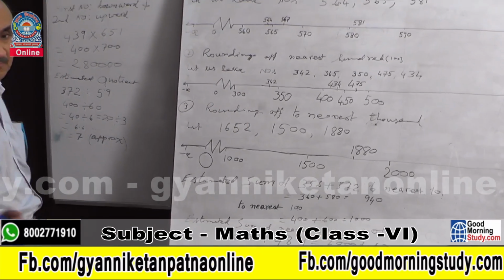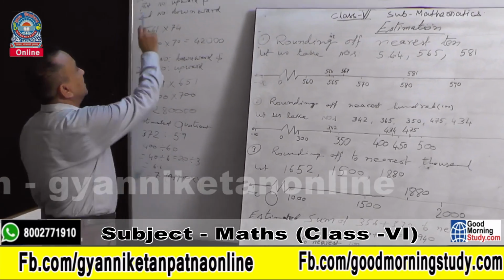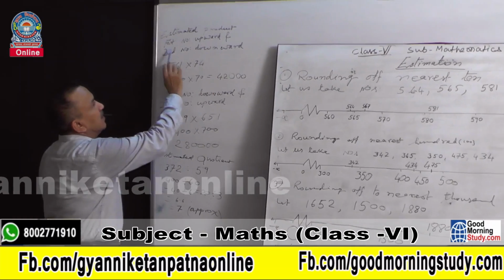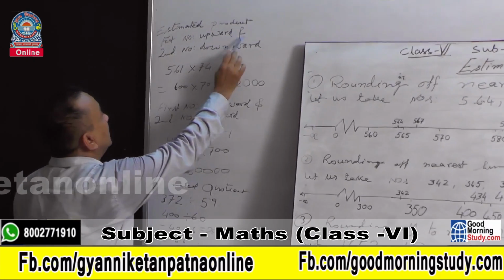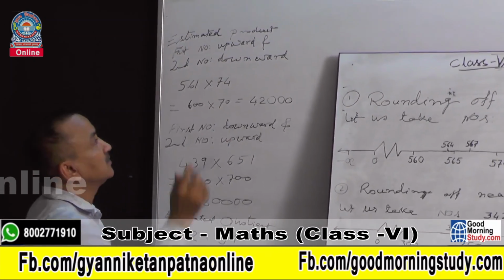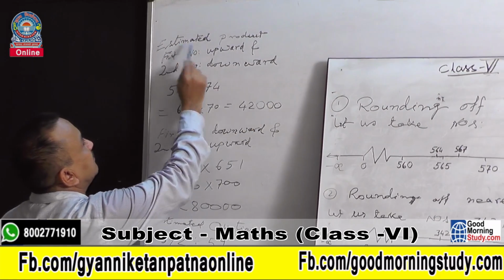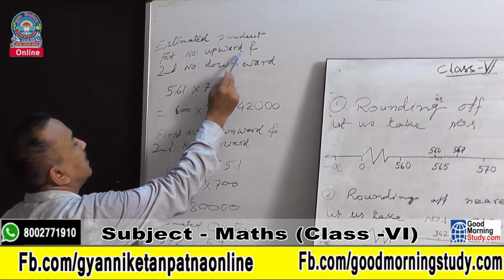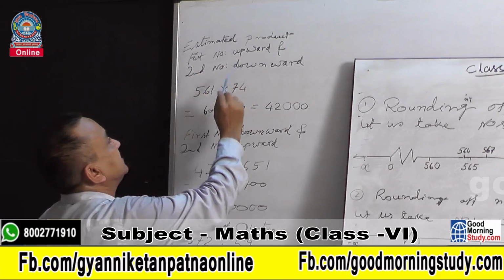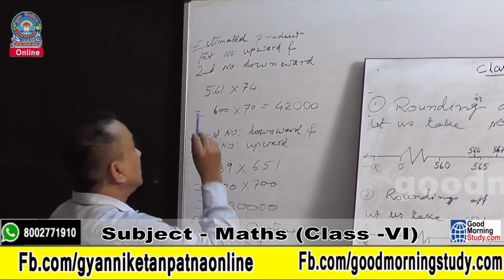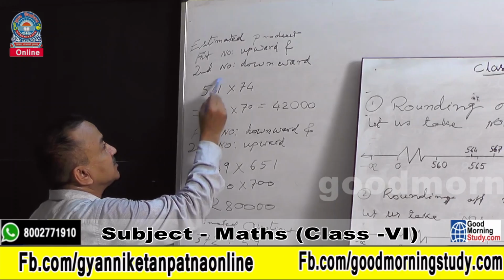Now let us come here. Estimated product: first number upward and second number downward. Estimated product, making the first number upward and the second number downward. Now this is 561.